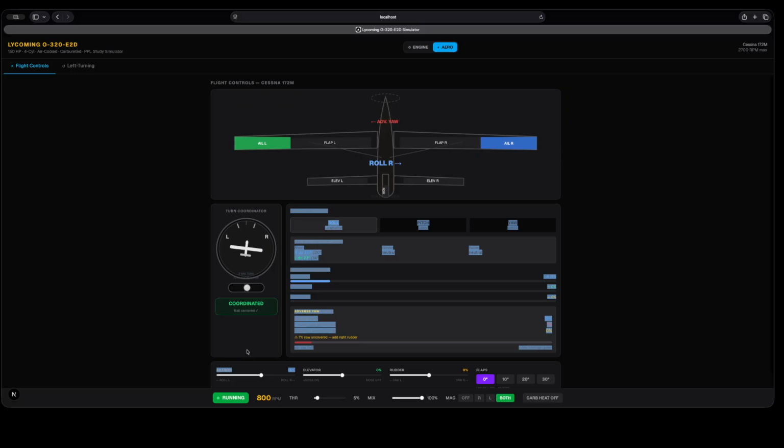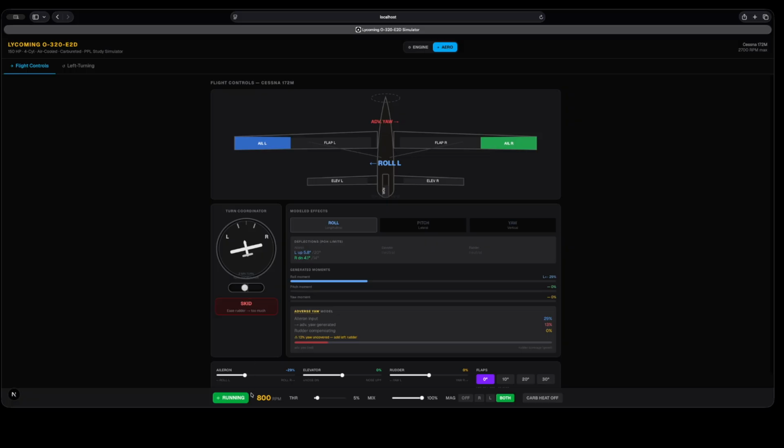Turning it left will lower the left aileron and raise the right one. I might have said that backwards, but applying aileron input. So in this case, we'll go left, and so that's going to raise the left aileron and lower the right one.